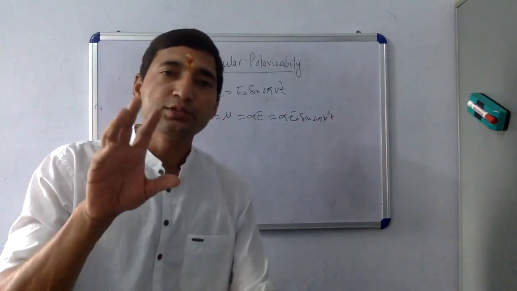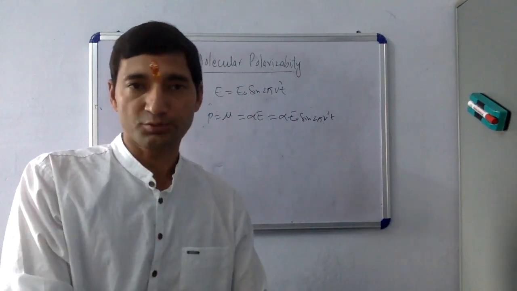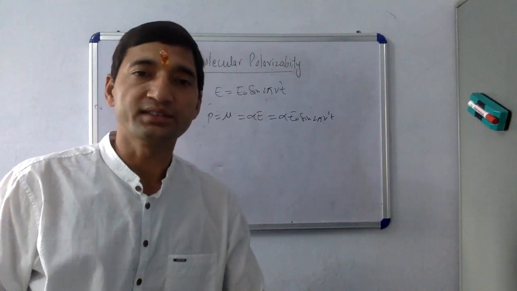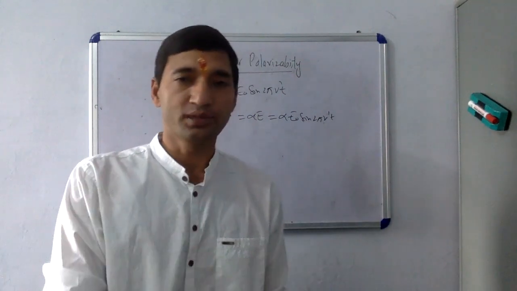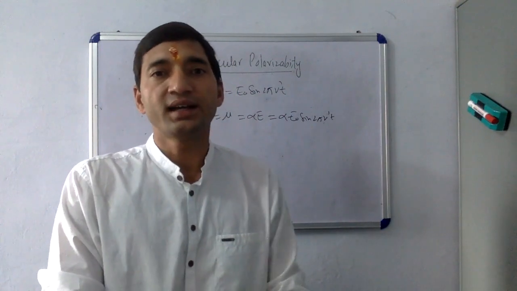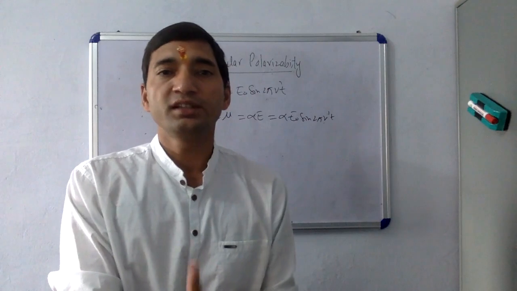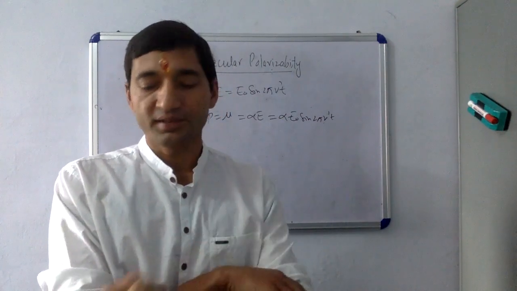Now, as we know, the molecule has internal motions as well, for example rotation and vibrations. If the rotations and vibrations are also altering the polarity, then this alpha must be a function of the rotational frequency and the vibrational frequency.